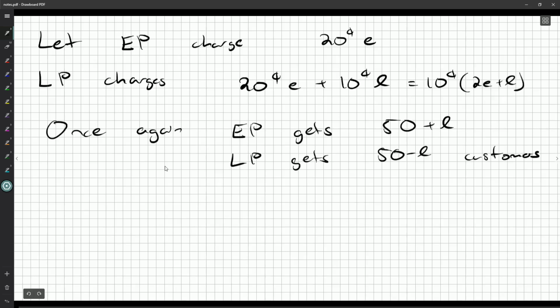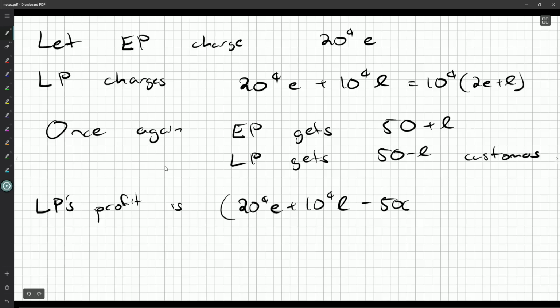Okay, and then once again, LP's profit is, so take out the 10 cents. Well, you can, so I'll do it slowly, but I think you should be fine doing it. So 20 cents E plus 10 cents L, that's the price of the pizza, minus $5, so 500 cents.